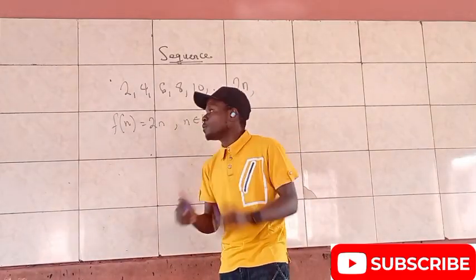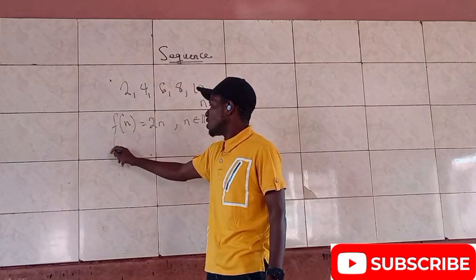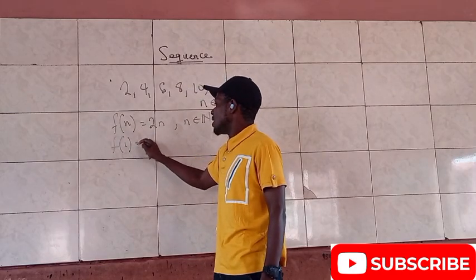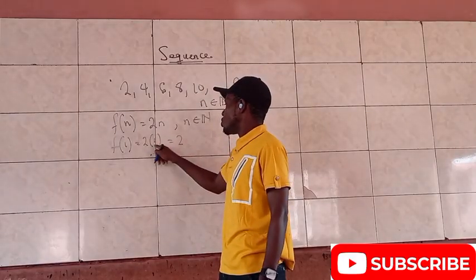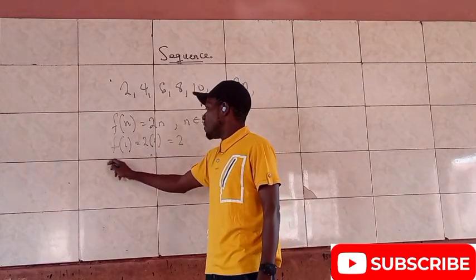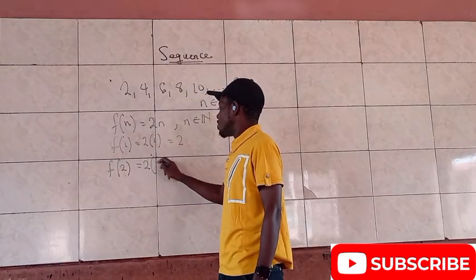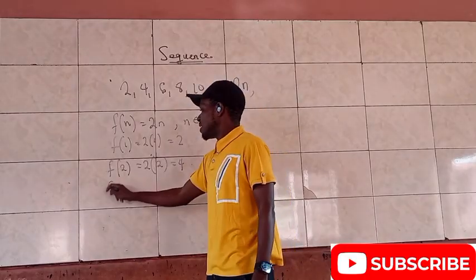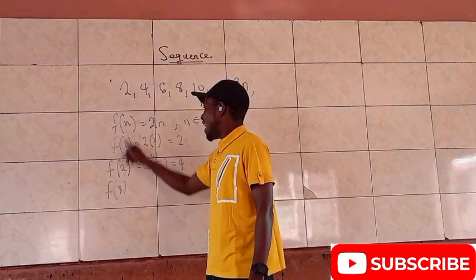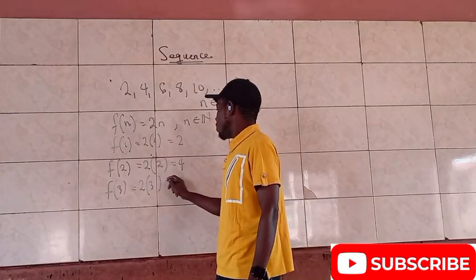If I put 1 into this place, such that n is now equal to 1, this becomes 2 in brackets 1, then 2 times 1, and that's 2. When I fix 2 into this bracket, it becomes 2 times 2, and that's 4. When n is now 3, it will become 2 times 3, which is 6.